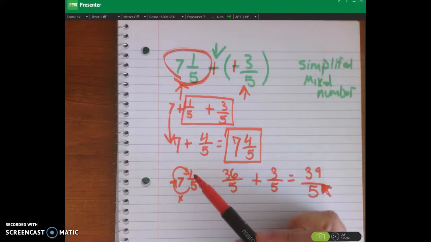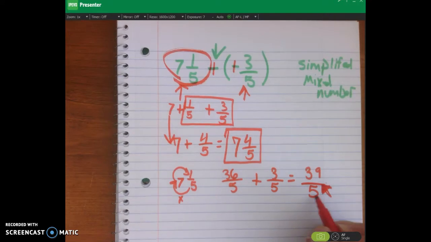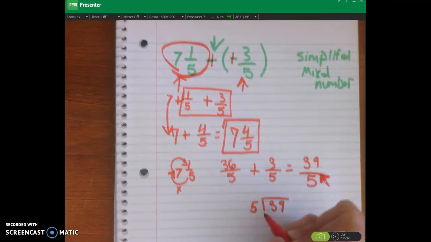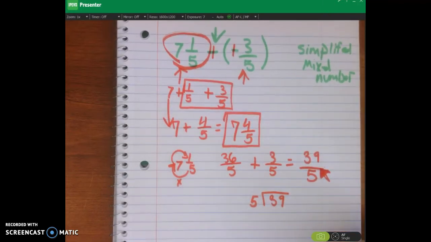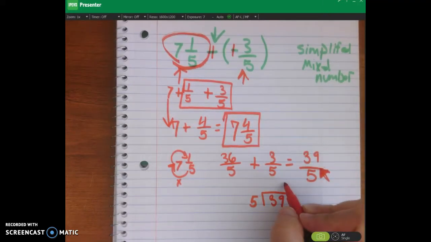Convert to an improper fraction. That is not a problem. So now we need to make this an improper, not an improper, it is improper. We need to make it a mixed number. So I'm going to set this up as long division. So I've got 39 divided by 5. 5 goes into 39 7 times. 7 times 5 is 35.